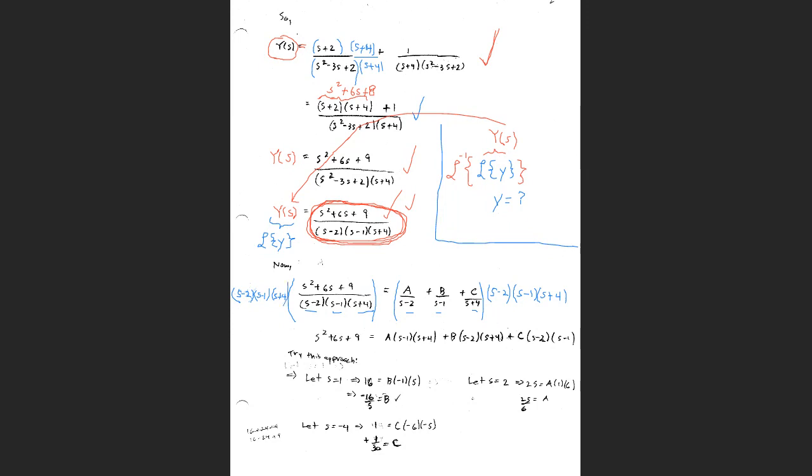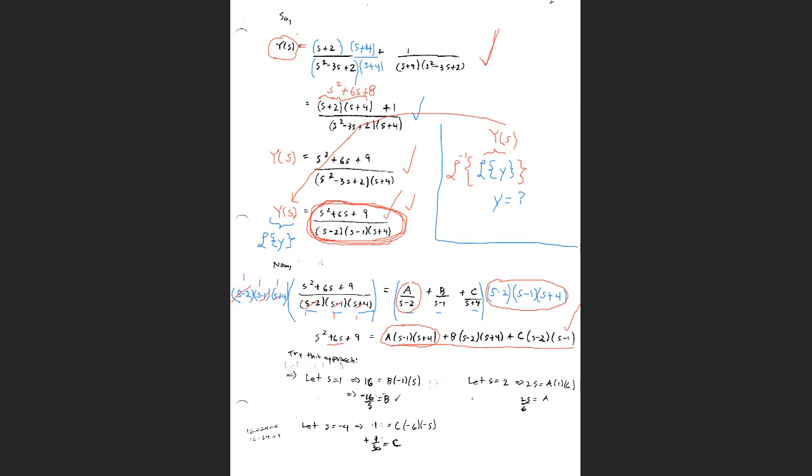And of course, on the left side we have simplification. So on the left-hand side of the equation now, we have s squared plus 6s plus 9, and on the right side we're going to have what you see here. For instance, how do we get a times s minus 1 times s plus 4? Well, a over s minus 2 times s minus 2 times s minus 1 times s plus 4, the s minus 2 simplifies out.